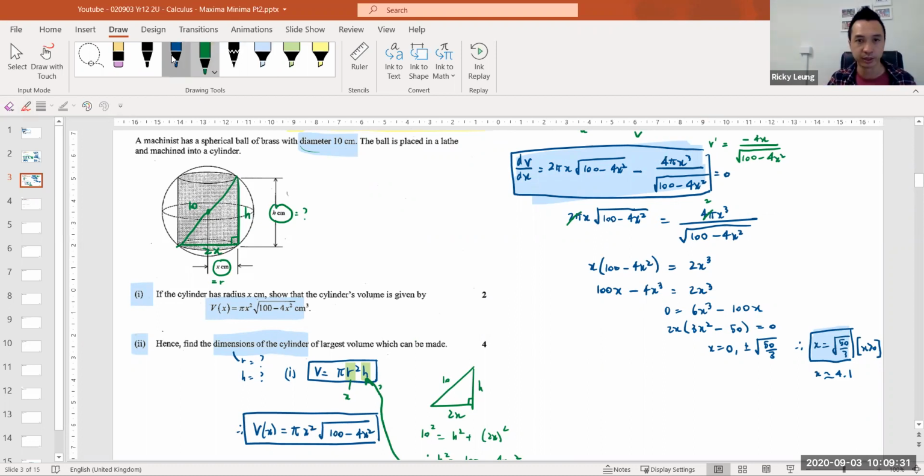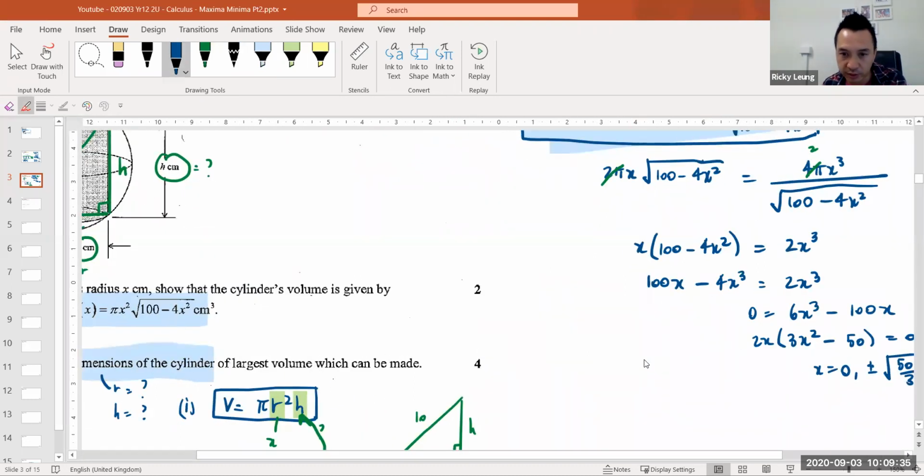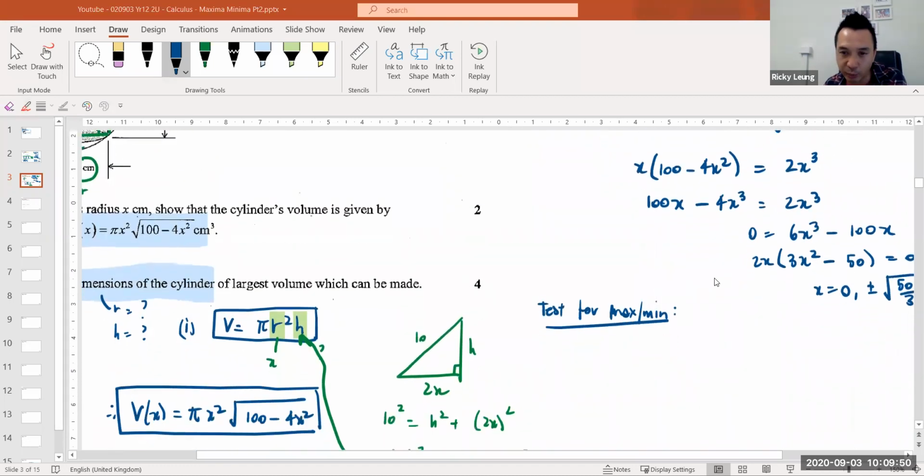So actually, let me set the working out perfectly. So, test for max min. Now I'm going to do something really bad in terms of working out. Your teacher might deduct a mark here, but in the interest of time, because it's just calculator work, a lot of schools would demand that you actually punch it in.